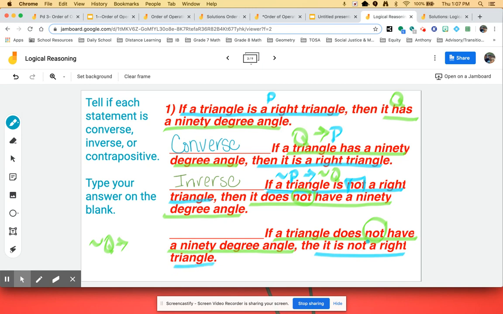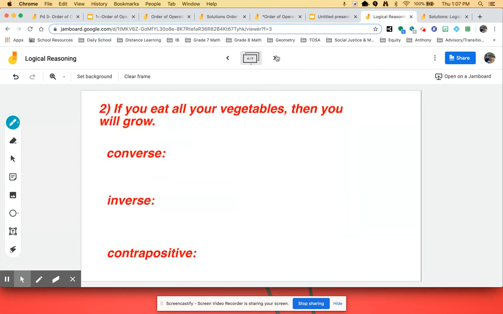And again, this is negated. So then not P. So not Q, then not P means that our statement is contrapositive. Again, pause as you need to. Go with me to slide 4.